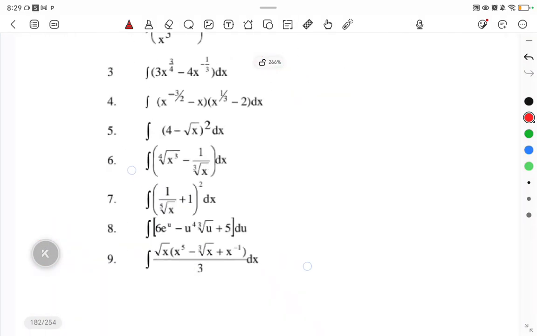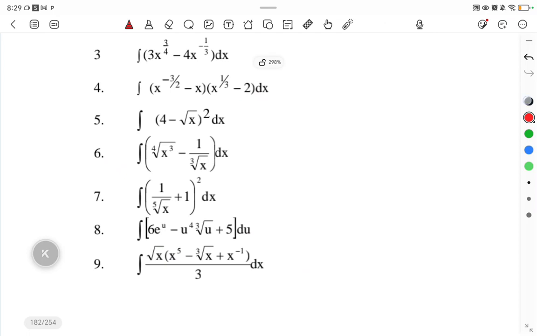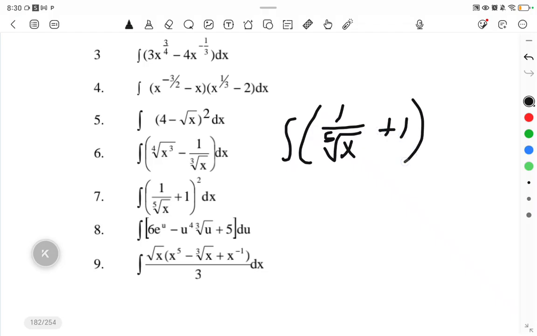So now we come to number 7. This is the integral of 1 over the 5th root of x plus 1 squared dx.